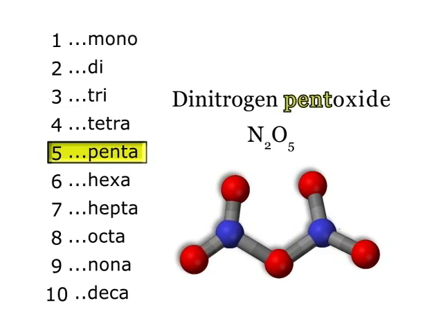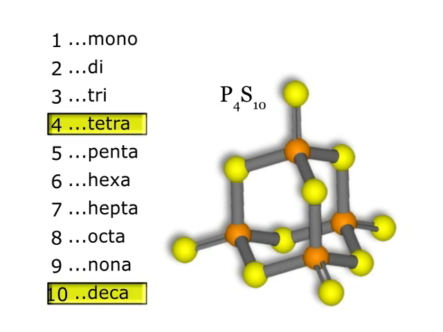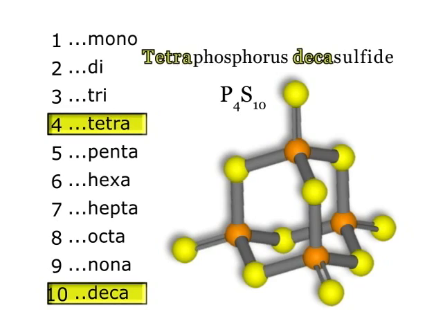Dinitrogen pentoxide, N2O5. 2 nitrogen atoms, 5 oxygen atoms. And P4S10 is called tetraphosphorus decasulfide.